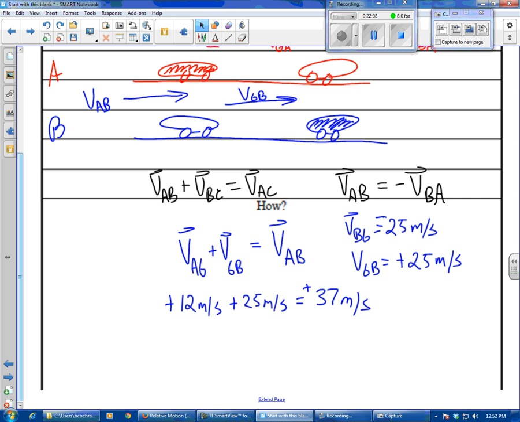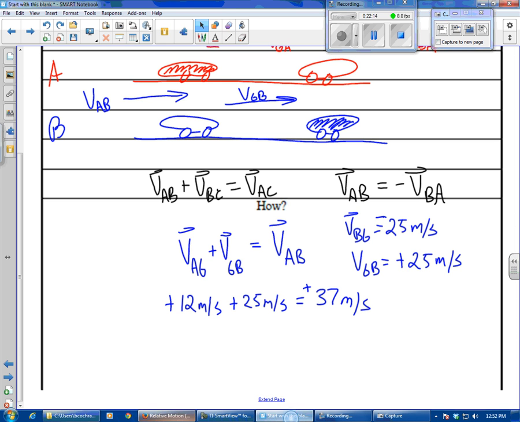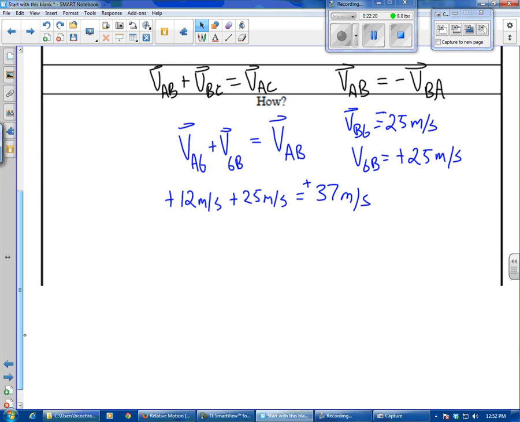And now they want the velocity of B as seen by driver A. So we do this whole... Yes, it's positive, so it's going east. Yep. Now we're going to do the same thing from the reds.